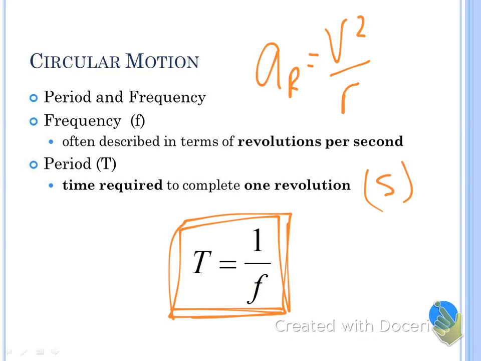We want our velocity to be meters per second, our acceleration to be meters per second squared, which means our time has to be in seconds. So if we're given one and we need the other, we can use this equation to connect the two.